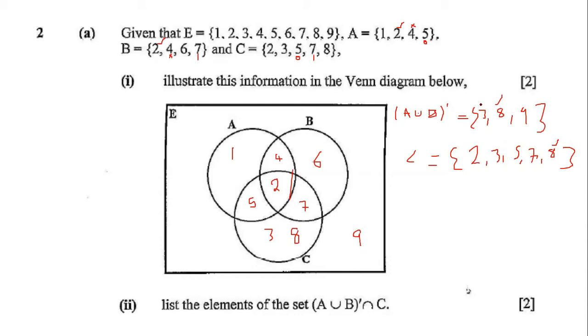Then we also have 3 and we have 3. That is our intersection, those found in both after listing them. So our answer will be equal to 3, 8.